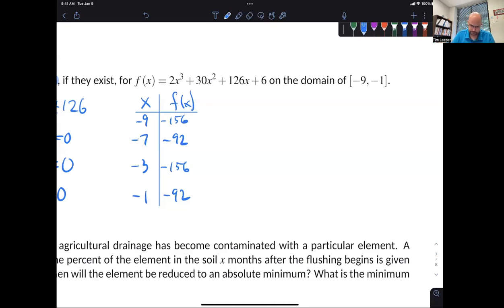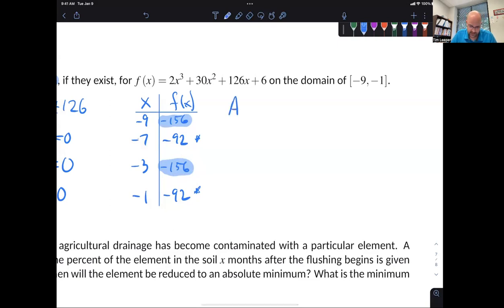Notice that -156 and -156 are the same thing, and -92 and -92 are the same thing. So -156 is the relative minimum, and -92 is the relative maximum. Sorry, not the relative, the absolute maximum.